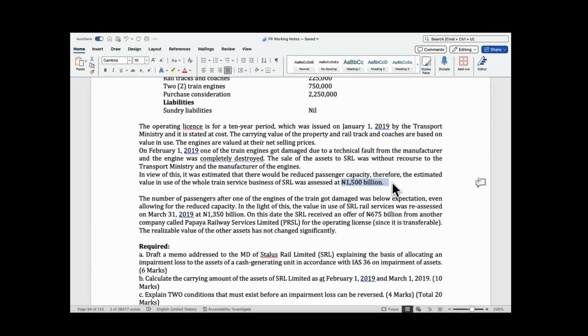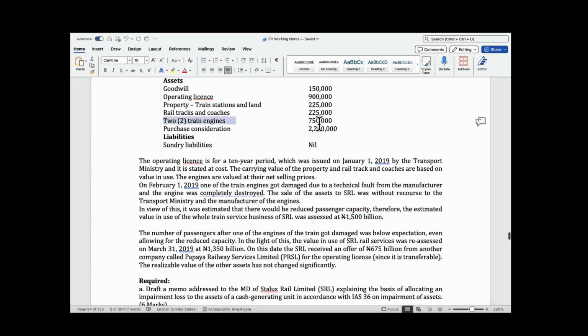So first, I allocate to the physically damaged asset, which is one of the twin engines that got damaged. Since we have two, and the value of the two is 750, the value of one will be half of that, which is 375.